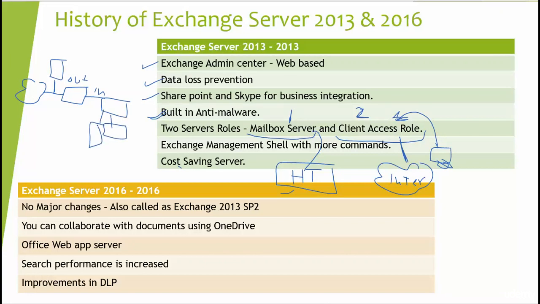So that's how you connect your edge transport or any other servers that you want to be accessed from outside. You connect it to the DMZ. That's how you do the connection. So it always needs to go to the firewall or the DMZ.